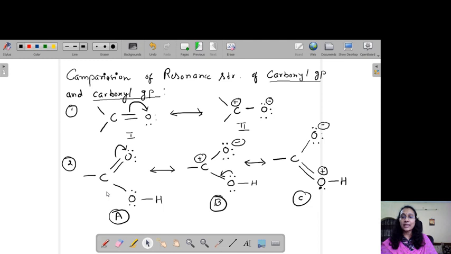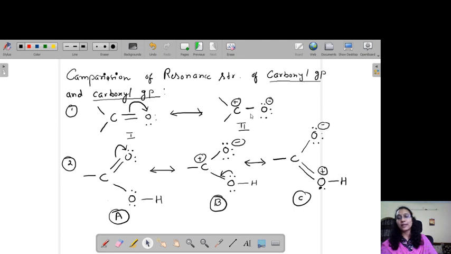But in case of aldehydes and ketones, that means in the carbonyl group, only structure 1 is electrically neutral. This carbon does not have any charge over it. Okay. Whereas in case of the carboxyl group, the resonance hybrid is less positive and hence less electrophilic than the carbonyl carbon.